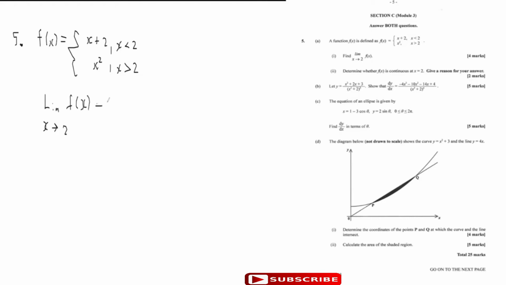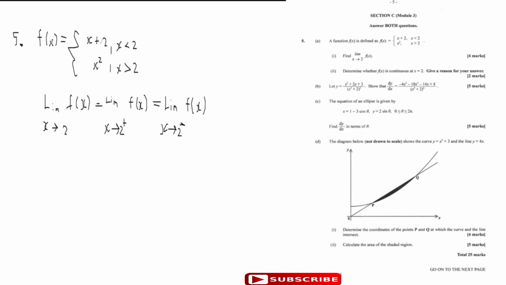So it has to be equal to the limit as x approaches 2 from the positive side of f of x, and it should also be equal to the limit as x approaches 2 from the negative side of f of x, or from values less than 2. Now we need to check if the left-hand limit is the same as the right-hand limit.